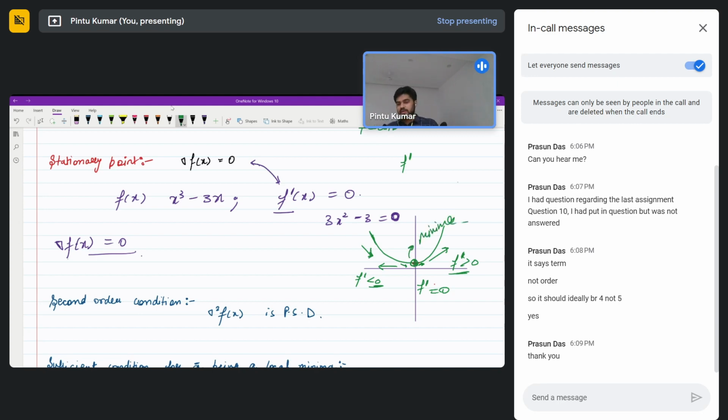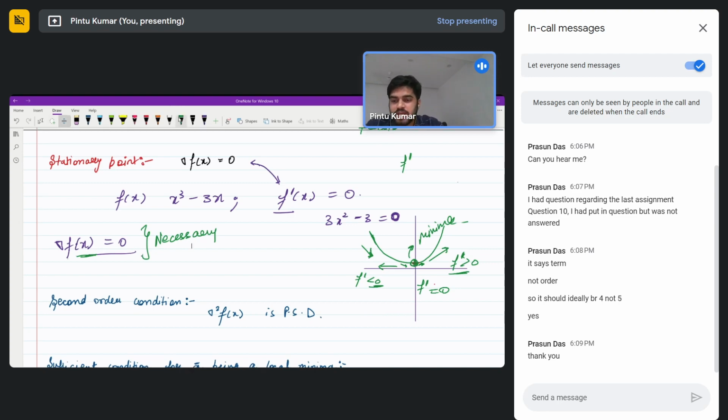If you translate it to a multivariate function, the same thing is happening along every coordinate. If you look along the x-axis, the same thing is happening with the function. If you look along the y-axis, the same thing is happening. So this is a necessary condition, not a sufficient condition. What is meant by necessary condition?